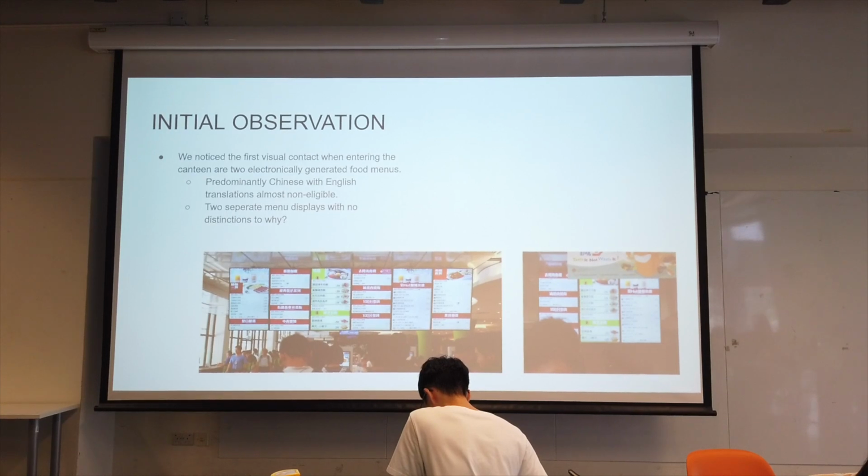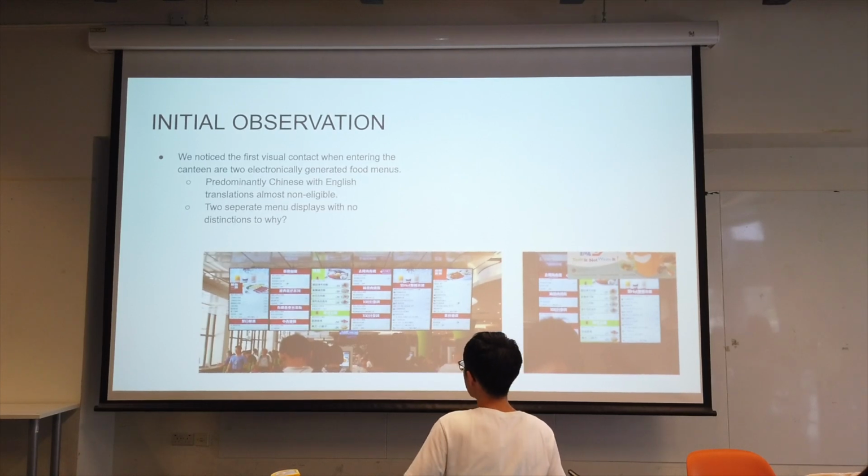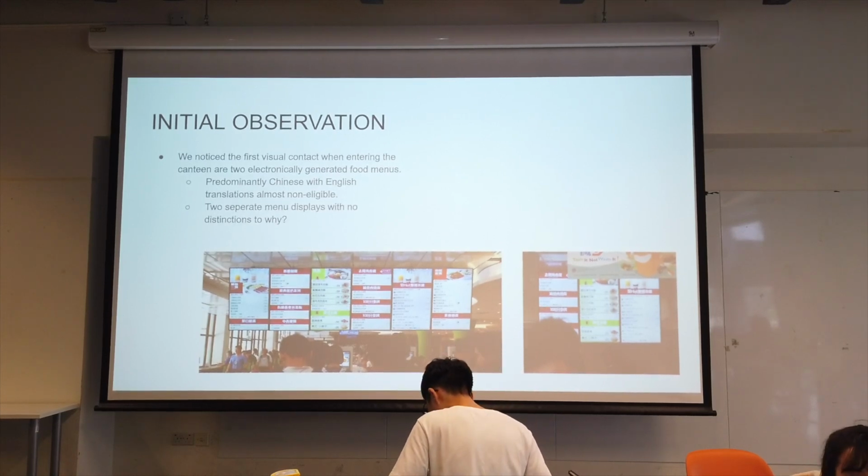But what was really confusing was that when we walked in, there was one really big menu, and then another side menu on the right hand side, with no real clear distinction between what they were or why they were there. The second thing is that it is predominantly in Chinese, with English subtitles at a much smaller size.